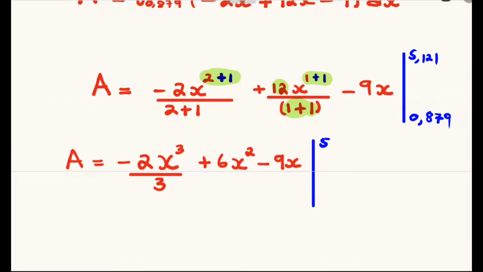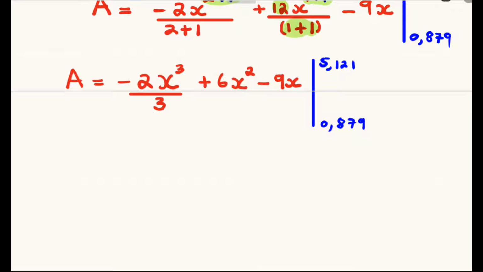We have the 5.121 and the 0.879. We start by substituting the bigger number. So we have the area, which will be equal to, we are going to substitute the 5.121 where there is x.